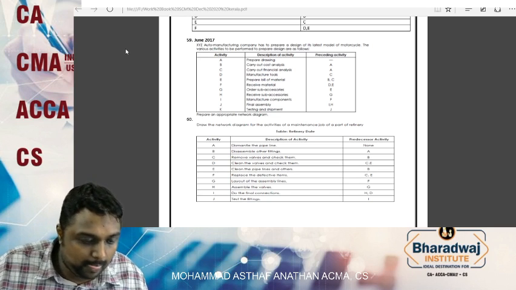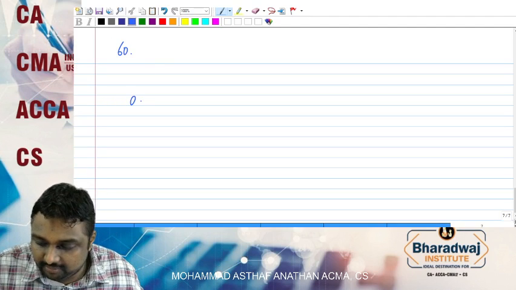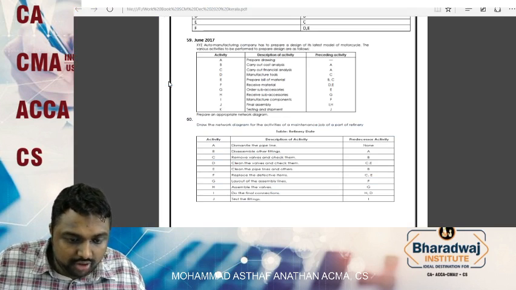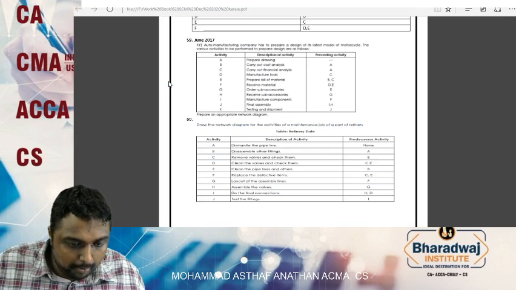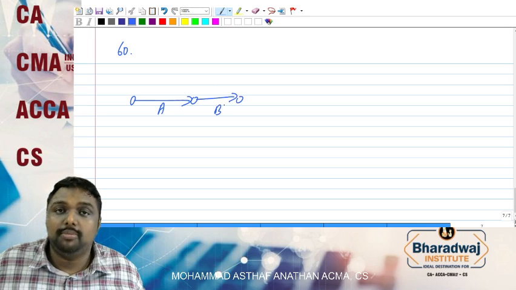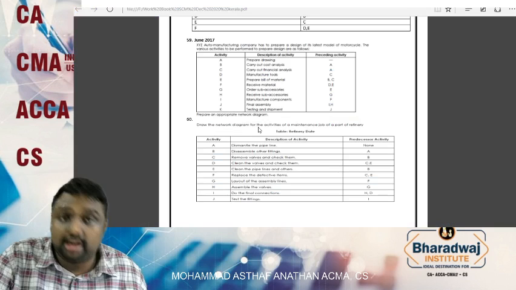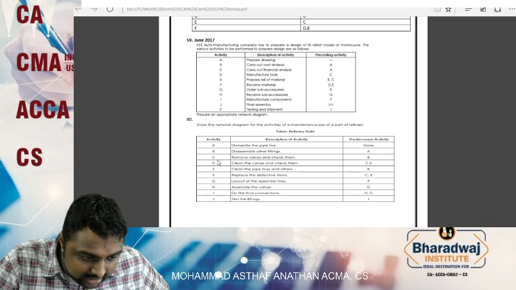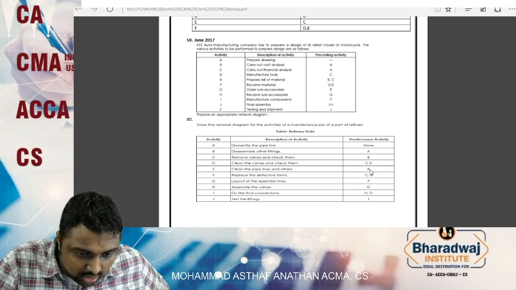So A is the first activity. From A, B starts. Now look here, they are given in some different order. From B, C starts. Here also, from B, E starts.